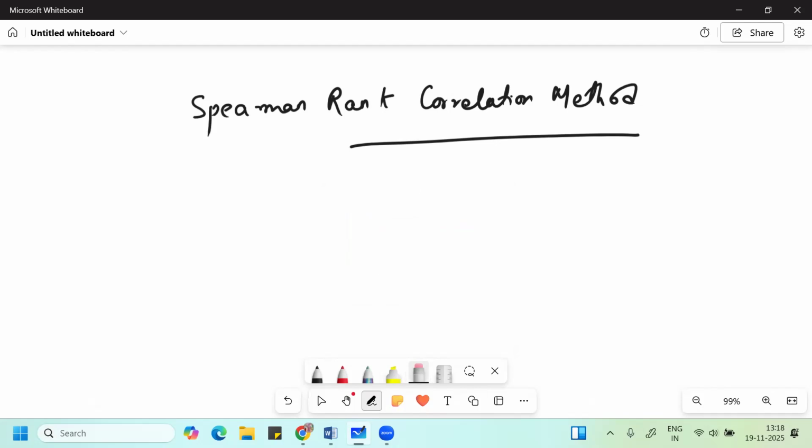This is another method, and by using it we more or less focus on qualitative variables. So when we have qualitative variables and we want to calculate the correlation coefficient, we use the Spearman rank correlation method, where the formula is R of xy equals 1 minus 6 sum of d square by n cube minus n.